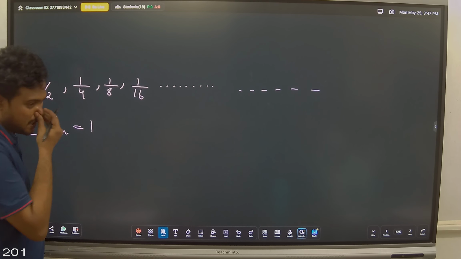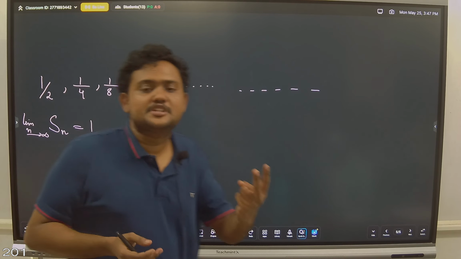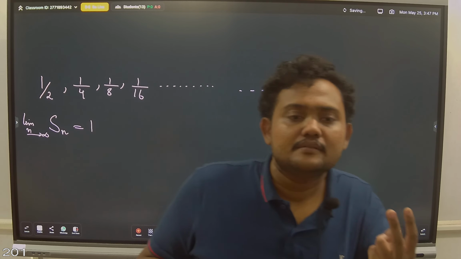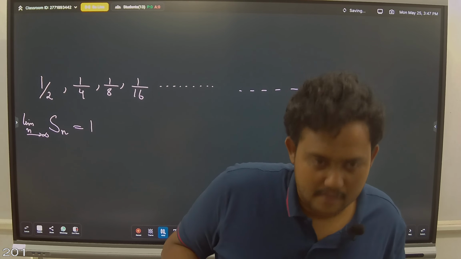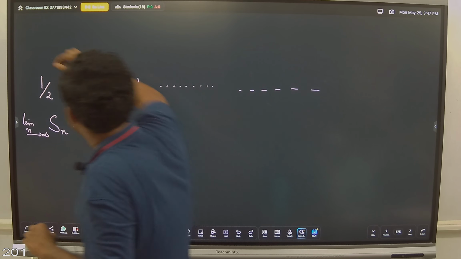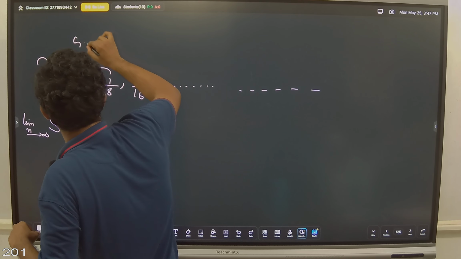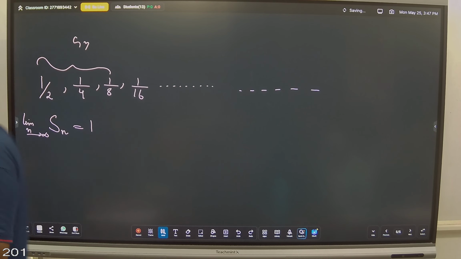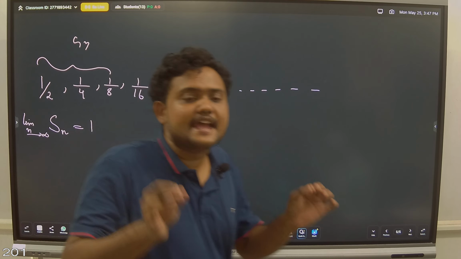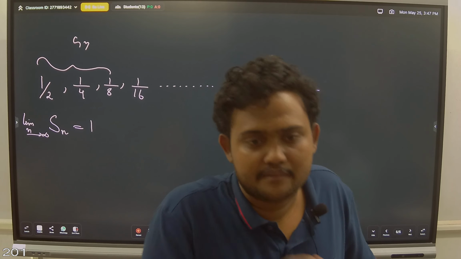So the sum of 2 terms is going to be 3 by 4, right? The sum of 3 terms is going to be this much. So for Sn, there will be a function, right? Sn limit n tends to infinity is 1.